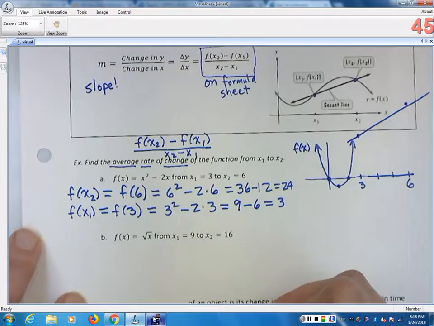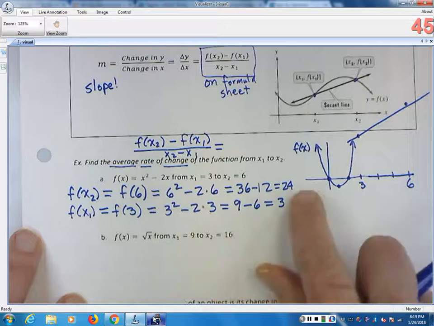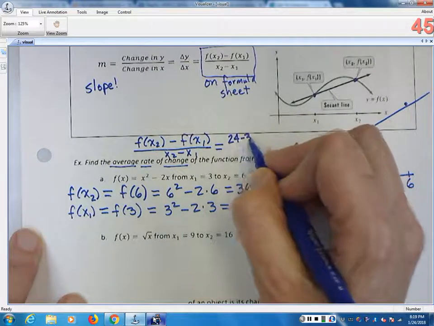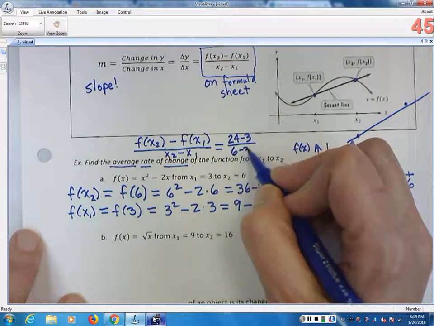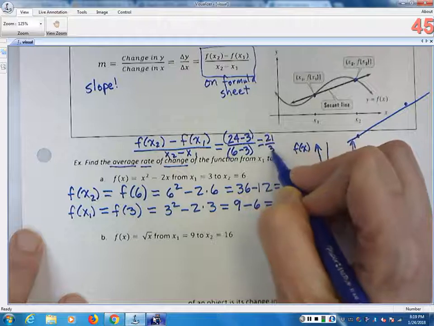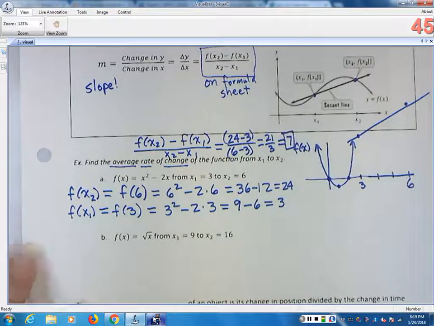Okay, so if I plug those in the formula, we have 24 minus 3 divided by 6 minus 3. And so that's 21 divided by 3 is 7. The average rate of change is 7.